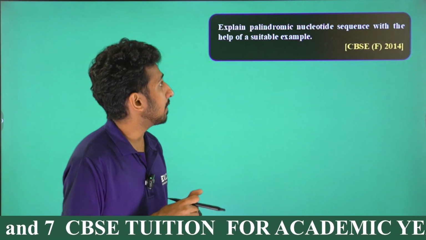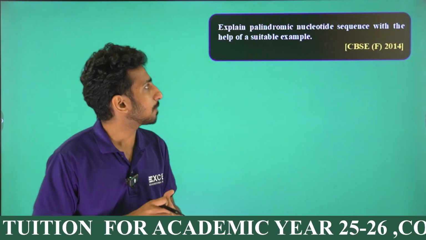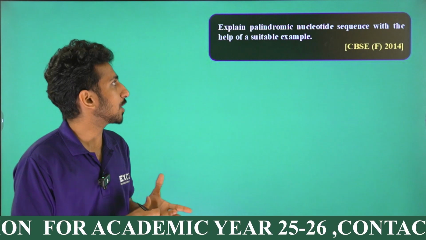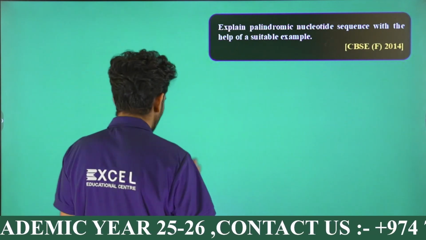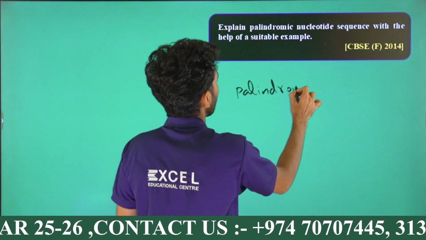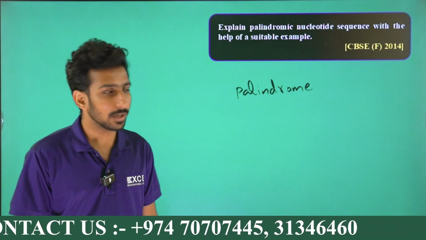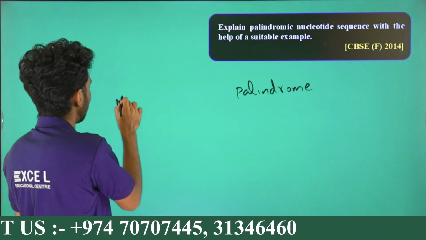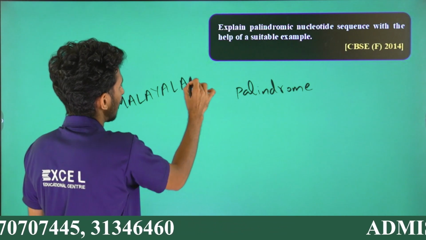Explain palindromic nucleotide sequence with the help of suitable example. See, palindrome, you may have heard about palindrome. Palindrome letters are there, palindrome numbers are there. For example, Malayalam is a palindrome word.